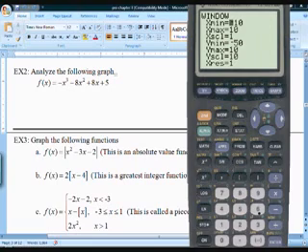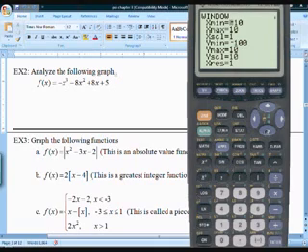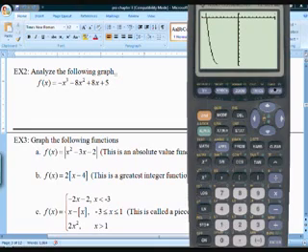We'll try negative 100. Scale, I think 10 will still be fine there. Still not there. Almost. Negative 120. There we go. So you see here the graph of this.